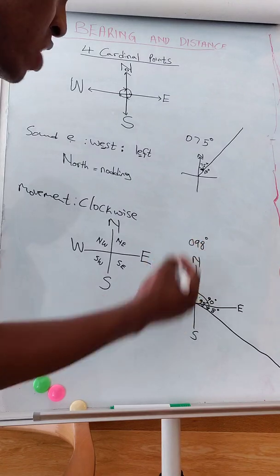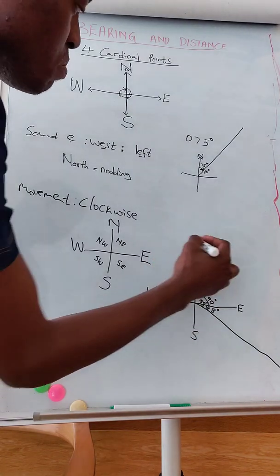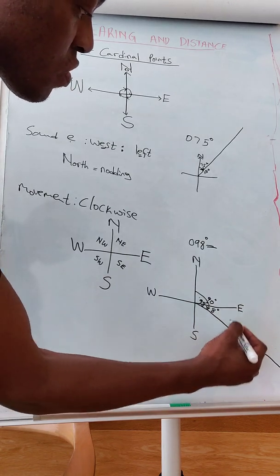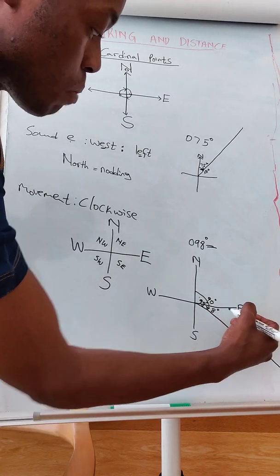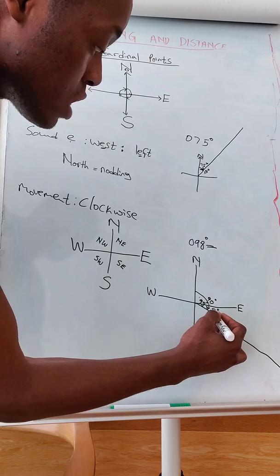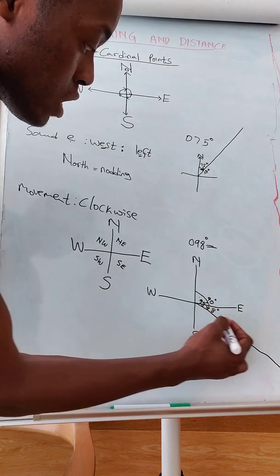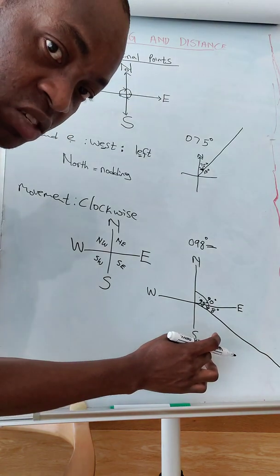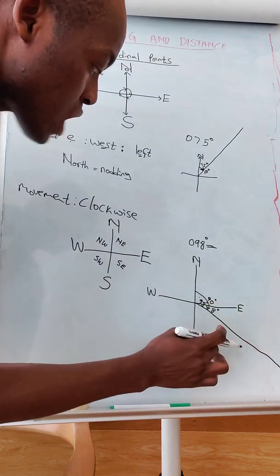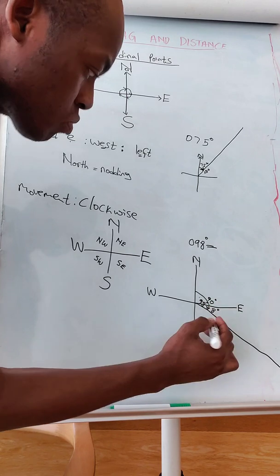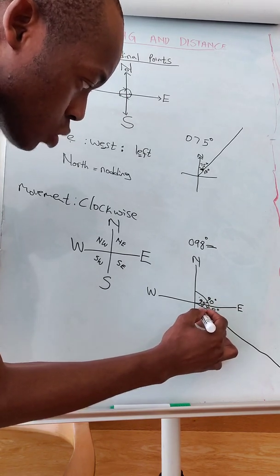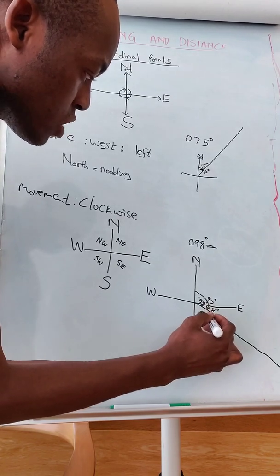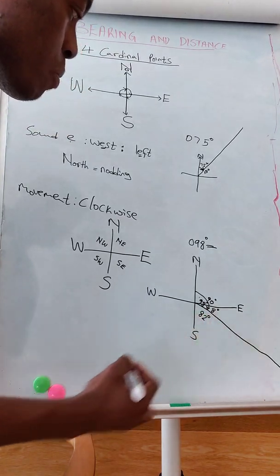But the bearing 98 now, the bearing is still the same thing as what? This side is southeast. If this is 8, the remaining part here is east. From east to south is 90, right? If east to south is 90, then the remaining part here will be 82 degree.